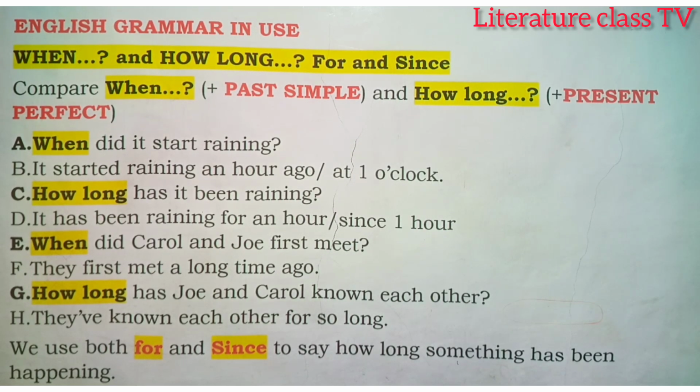C. How long has it been raining? How long plus present perfect or present continuous tense. Are we together, my friend? Okay. D. It has been raining for an hour or since 1 o'clock. The answer for the question.